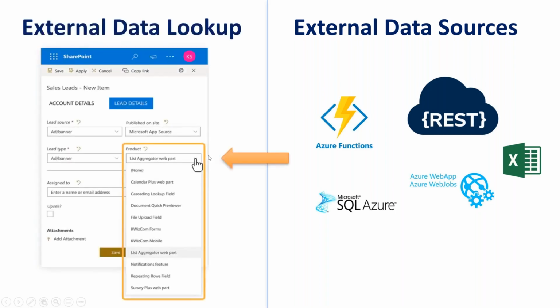The second step is to create the external data lookup column in the list or document library where you want to add it and connect it to your external data source. I'm going to show you now a few examples of these two steps in different use cases.